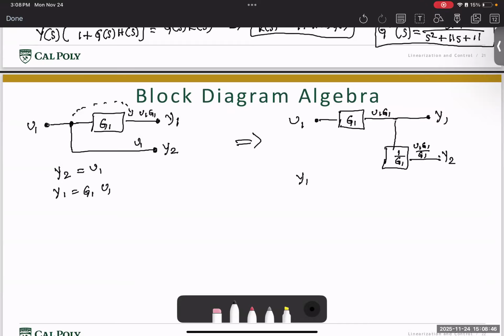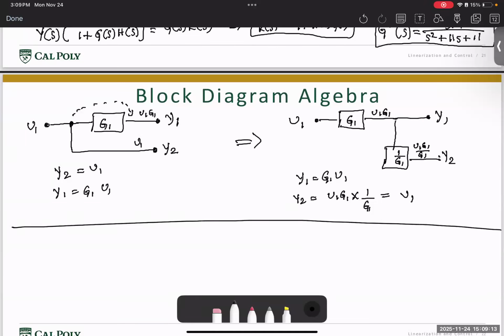In this case, y1 is g1 u1 and y2 is u1 g1 times, because they're connected in series we multiply them, times 1 by g1. This is nothing but u1. So these two are equivalent. I'm going to say this is moving the break point.